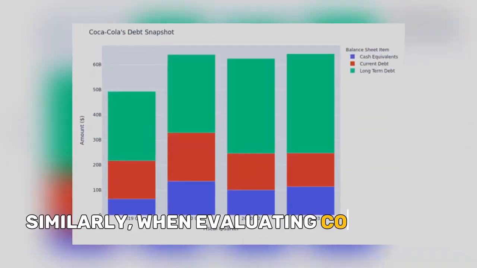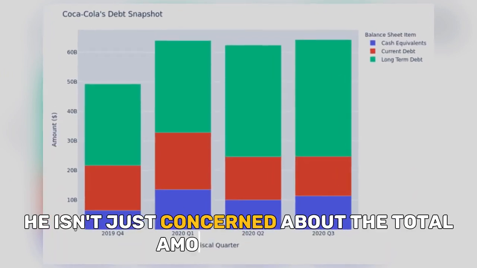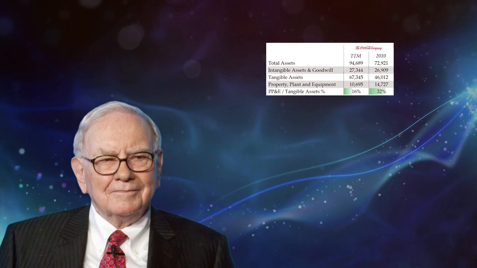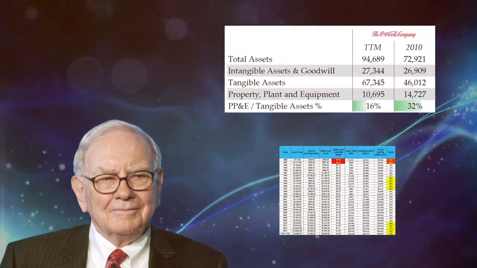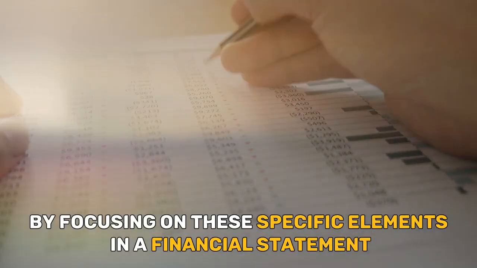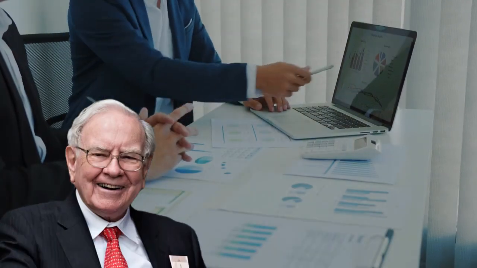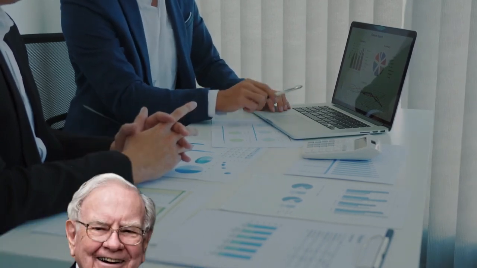Similarly, when evaluating Coca-Cola's liabilities, he isn't just concerned about the total amount of debt. He's looking at the types of debt and how manageable they are in relation to the company's assets and cash flow. By focusing on these specific elements in a financial statement, billionaires like Buffett go beyond the surface to get an in-depth understanding of a company's true financial health.